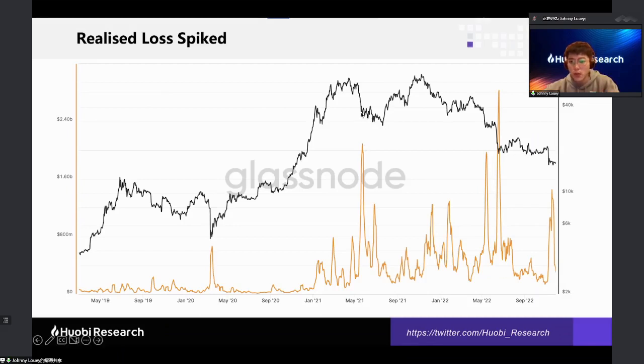So what I mean is this. Can you see my mouse, fans? Yeah, here. When price keeps dipping lower, we are expecting more people to lose money, right? But actually not. People actually lost less money. What this means is less capitulation.